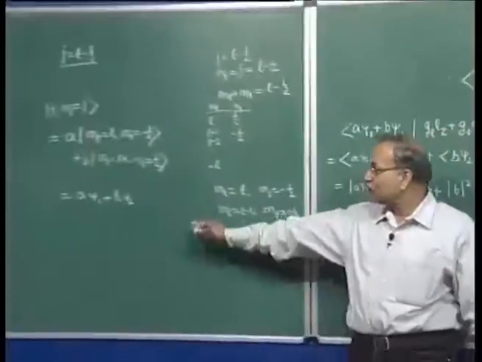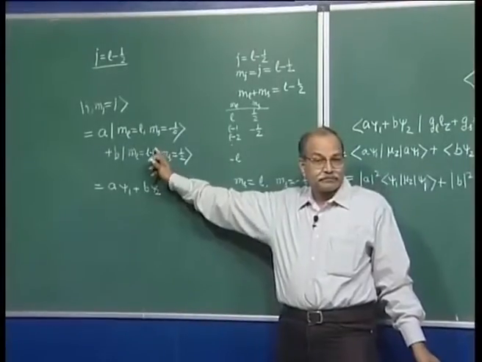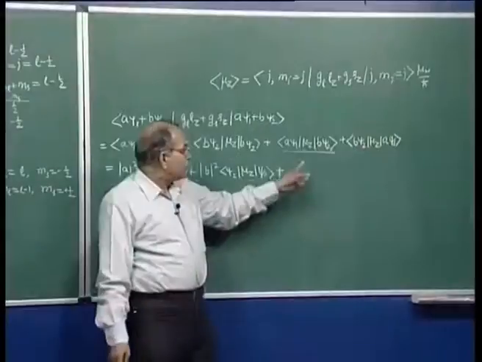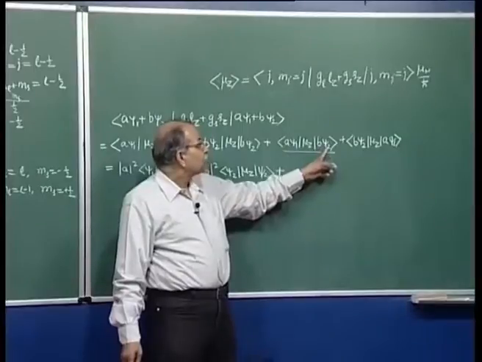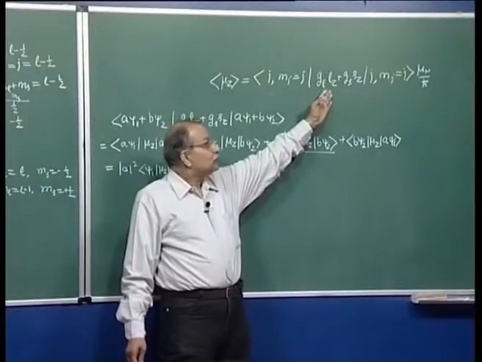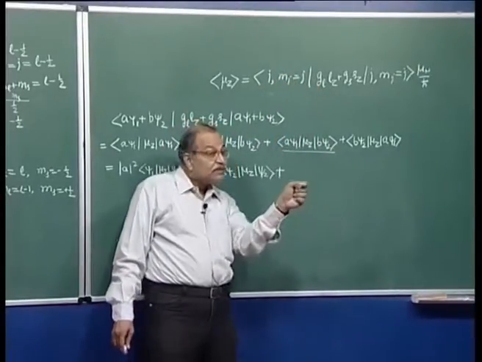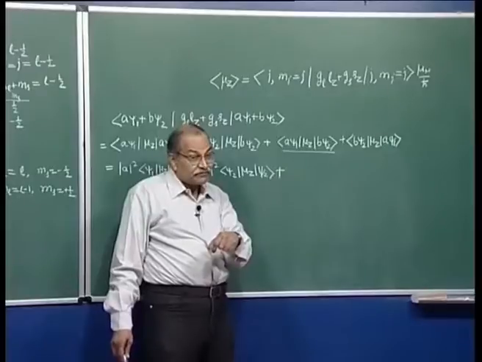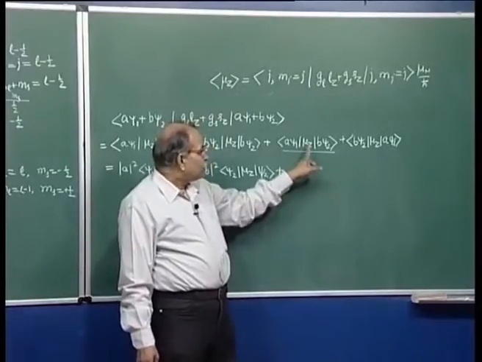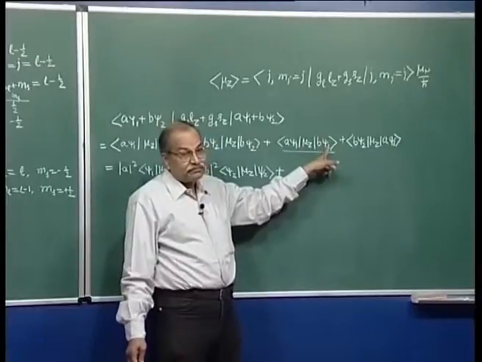In psi 2 also ml and ms have definite values. So, when you operate mu z on psi 2, you are getting back the same function with the corresponding eigenvalue. So, when you operate mu z on psi 2, you will be getting psi 2.